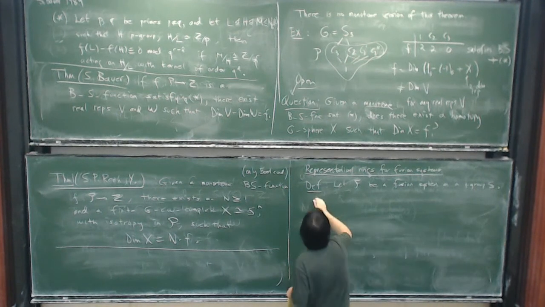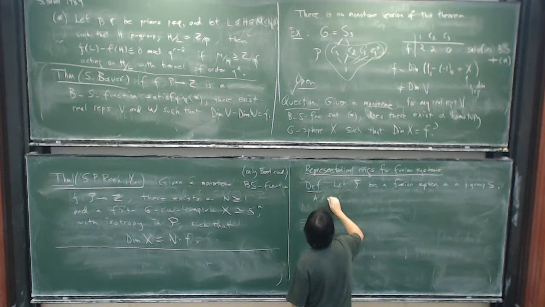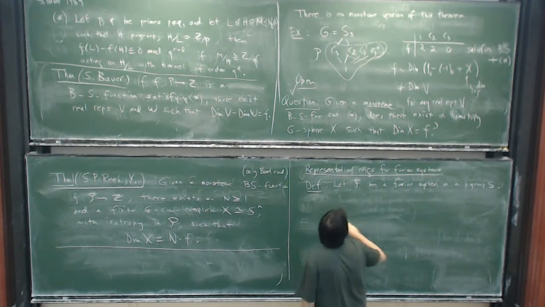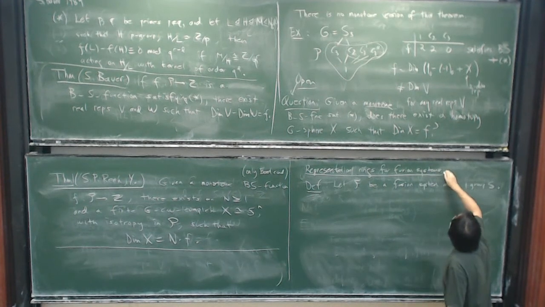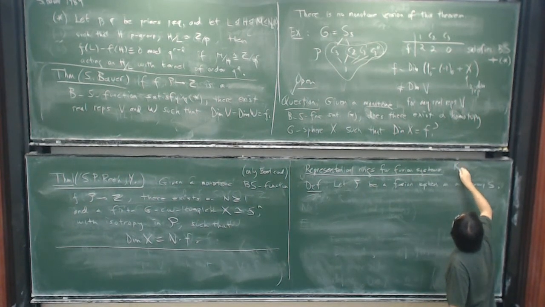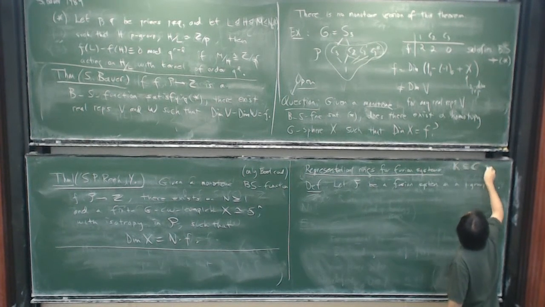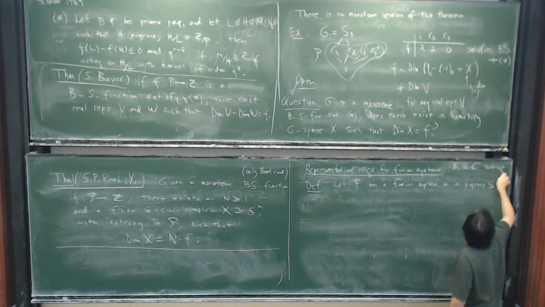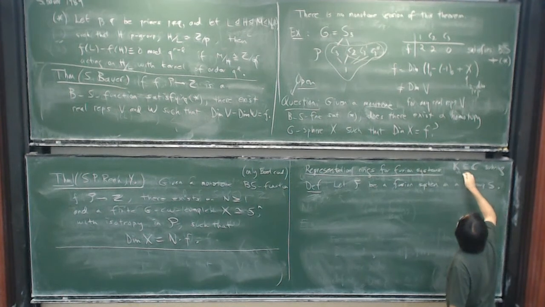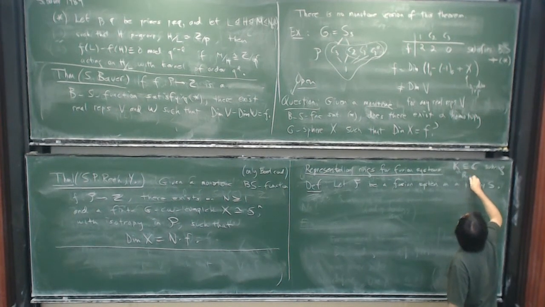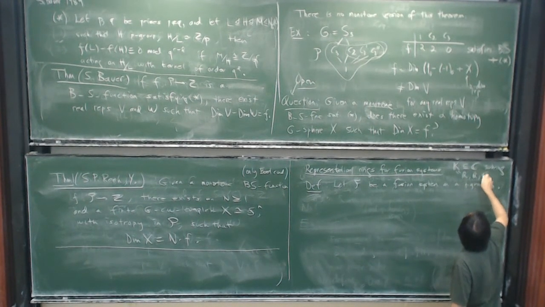A representation, and so we fix some coefficient ring. Maybe I should say this here. Some coefficient ring as a subring of complex numbers. And we actually care only about these 3 cases. Subfield.